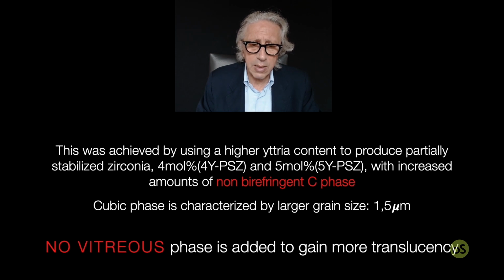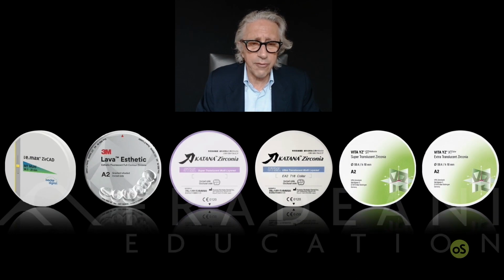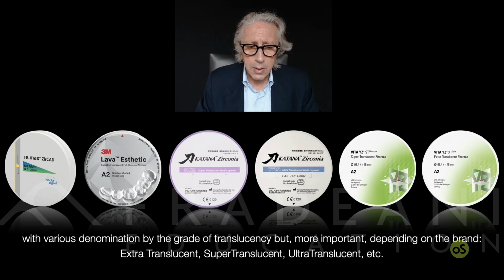It's just the difference in the content of the zirconia material, but no vitreous phase was added at all. You can see here different brands, different names, but more or less every company today is working on cubic zirconia with various denominations by the grade of translucency, but more important, depending on the brand, they use different terms like super translucency, ultra translucency, extra translucent.